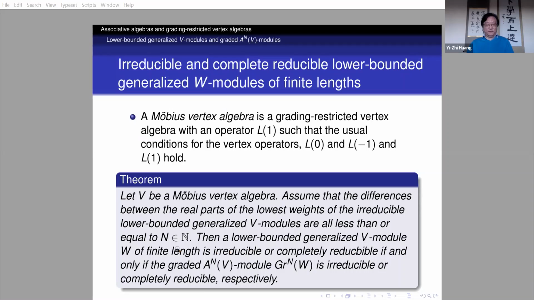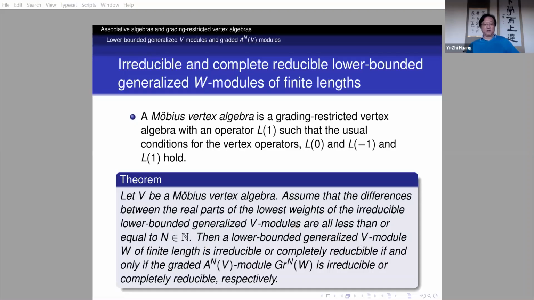A lower bounded generalized V-module of finite length, certainly it should be finite length, because if it's infinite length, then... the main thing is that a finite length module is irreducible or completely reducible if and only if this graded A_N(V)-module is irreducible or completely reducible. The only new direction is that if this A_N(V)-module is irreducible or completely reducible, it implies any of these finite length lower bounded generalized V-modules is irreducible or completely reducible.